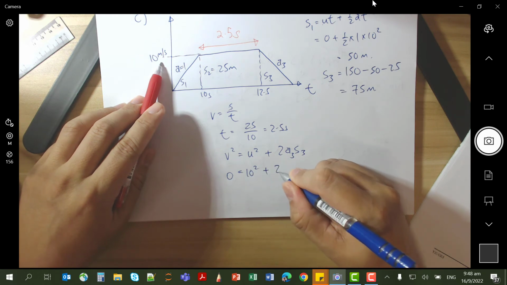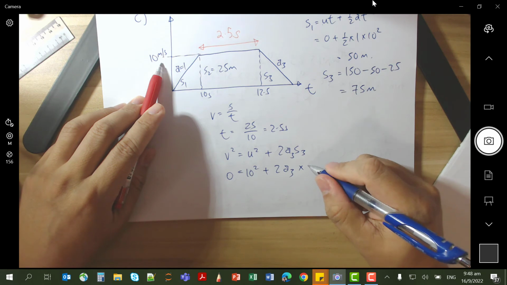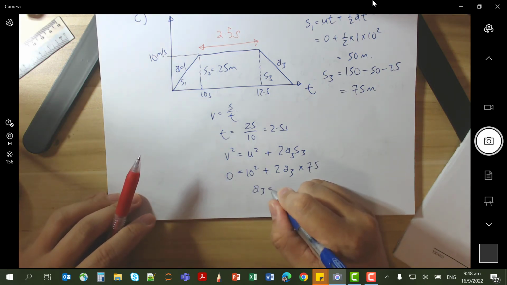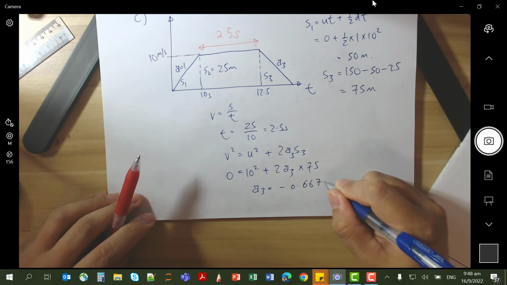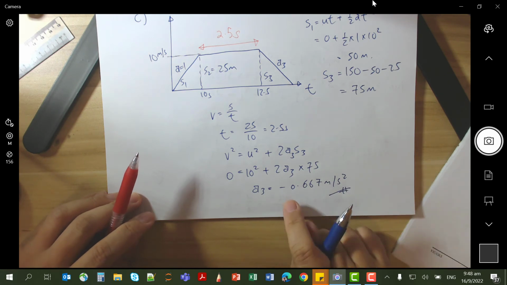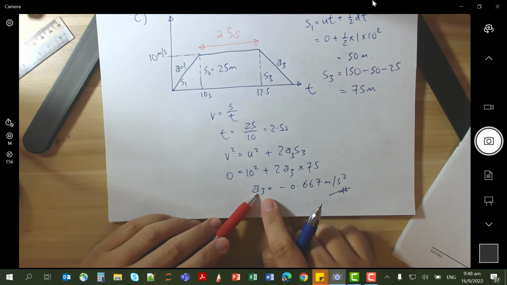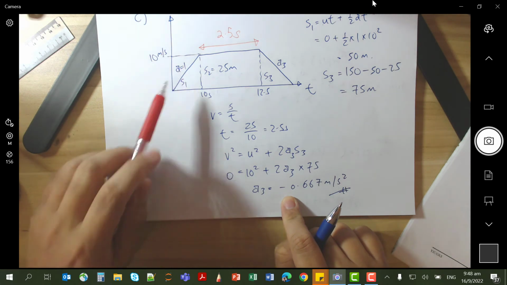A3 we want to find, S3 is 75. So A3 eventually is minus 0.667 meters per second squared, which is absolutely correct, because in order to decelerate, your A will be negative. Accelerate is positive. That's the difference.